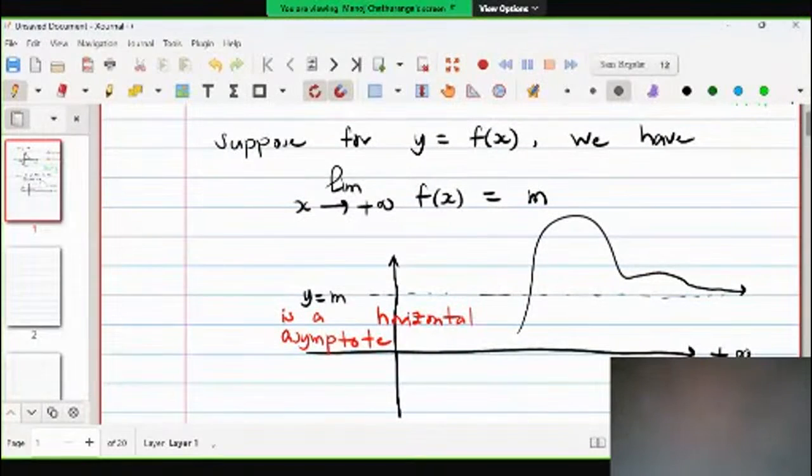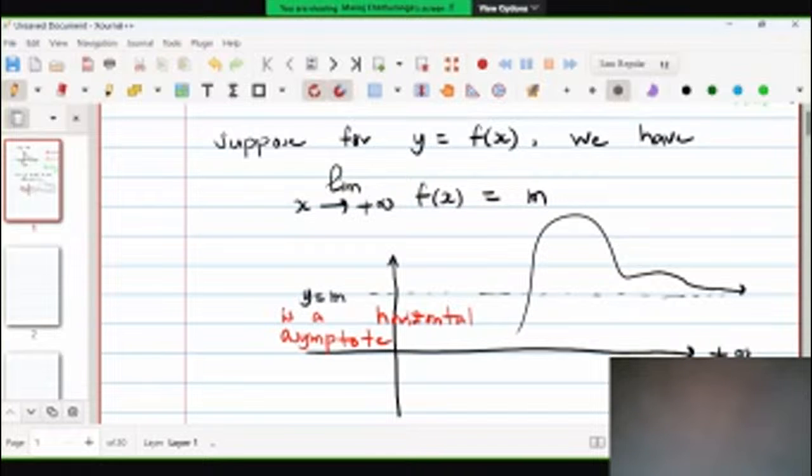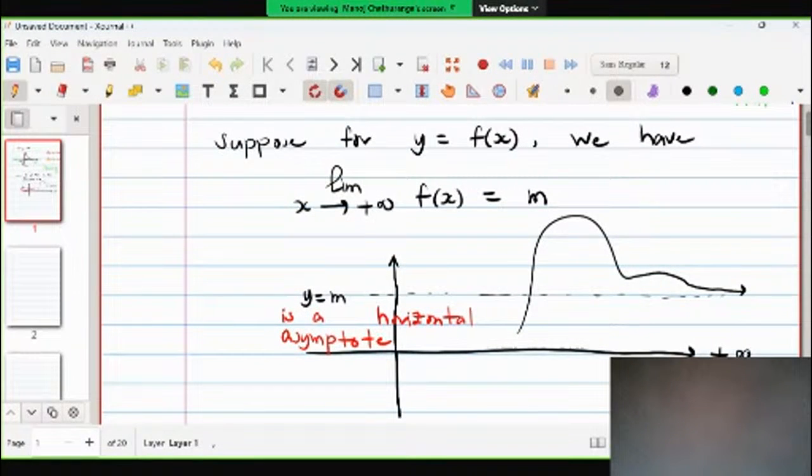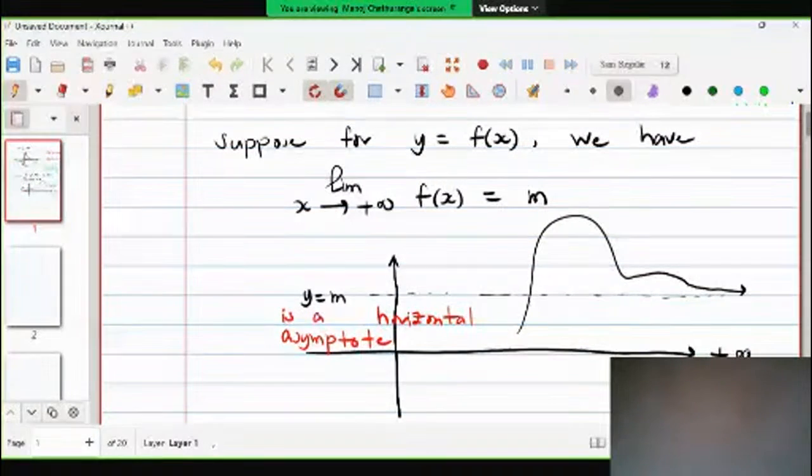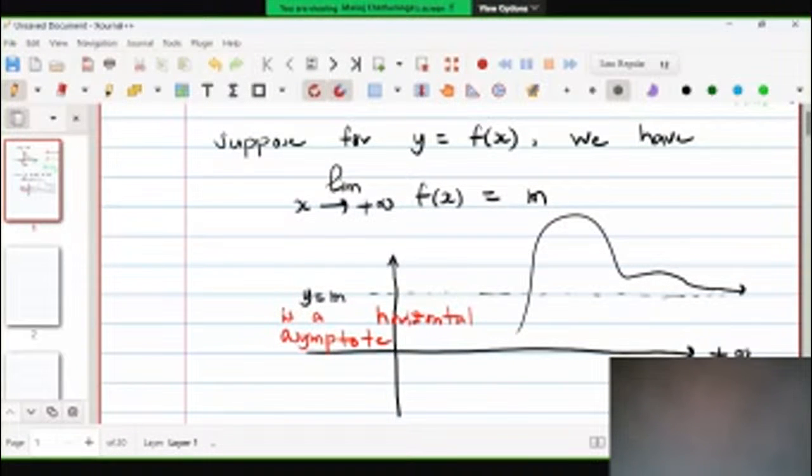The same thing would happen as x goes to minus infinity. So when x goes to either positive or negative infinity, if the function values reach a finite m, we say y equals m is a horizontal asymptote.